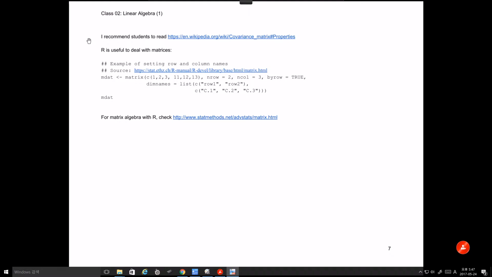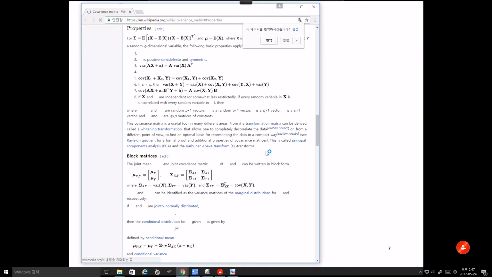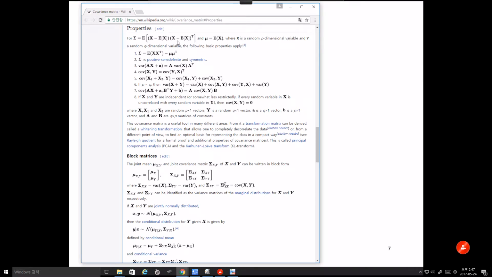Next, I recommend the students read the article in this link. Let's click. Here, properties of the covariance matrix. So, yeah, this is very useful. For example, this is a covariance matrix. It is comparable to covariance.